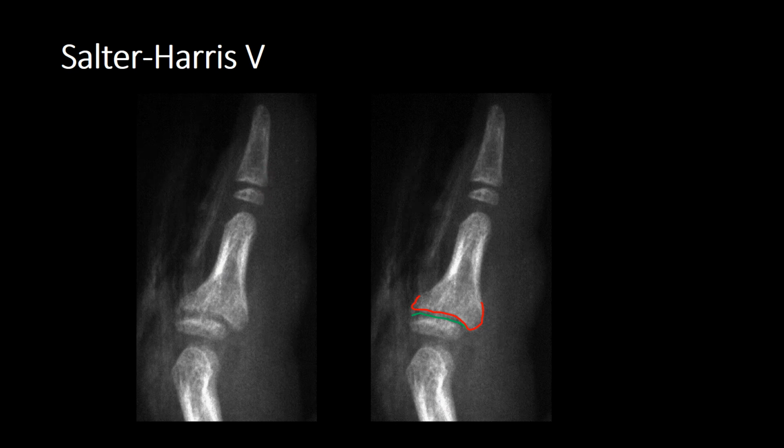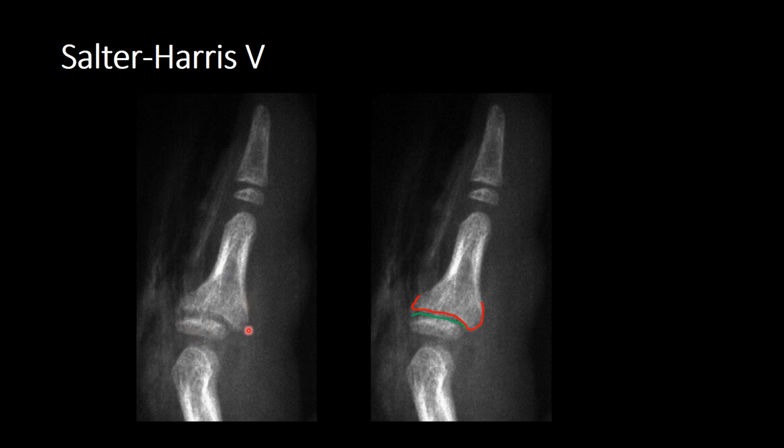So now let's look at the intermediate phalanx. Well, we can see there's a massive amount of splaying of the metaphysis, and if you look at the physis, if you compare it to the distal phalanx physis, we can see that there's now osseous debris within that unossified cartilaginous zone, indicating that this has been crushed, and we can see how the metaphysis and the epiphysis do not align at all.